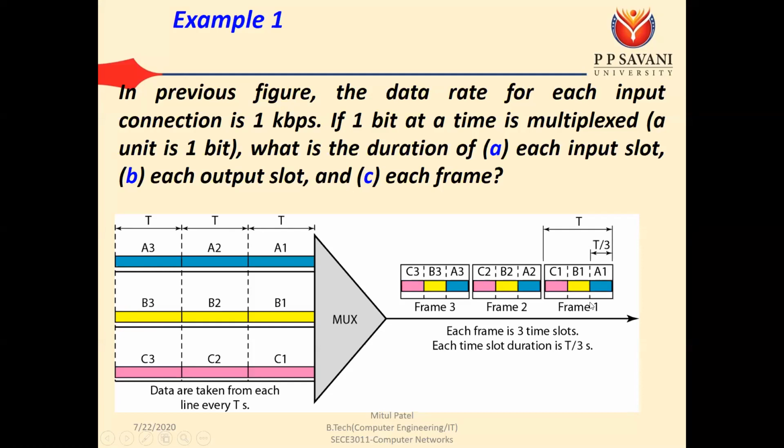So 1 upon 1 by 3, so 3 will go up. So we can say that our output data rate is 3 kbps. Okay, so the advantage of this TDM is we can increase the output data rate. If earlier we got a speed of 1 kbps, now using this TDM we can get a speed up to 3 kbps.